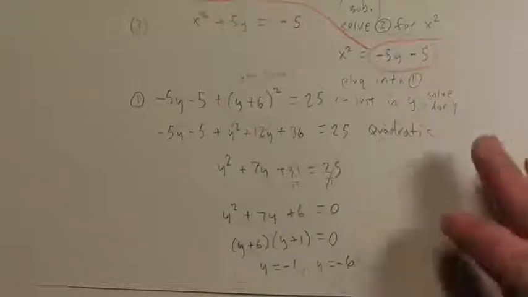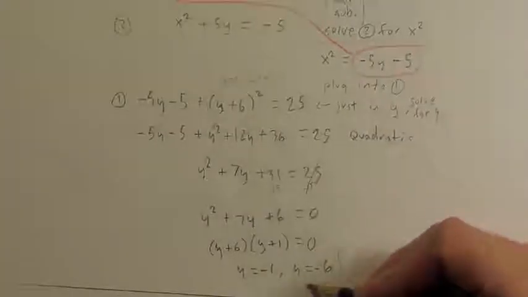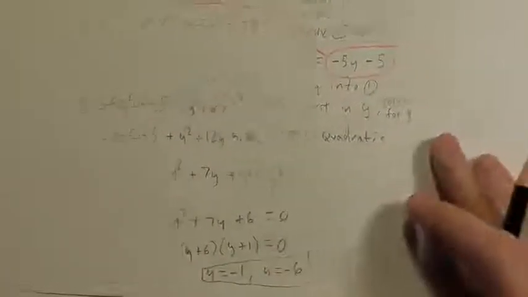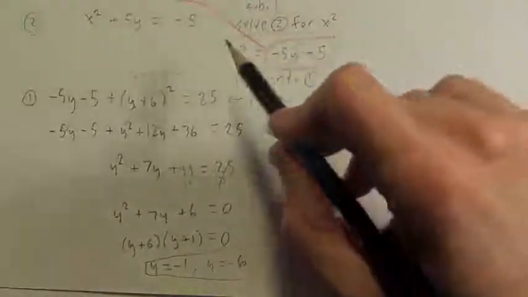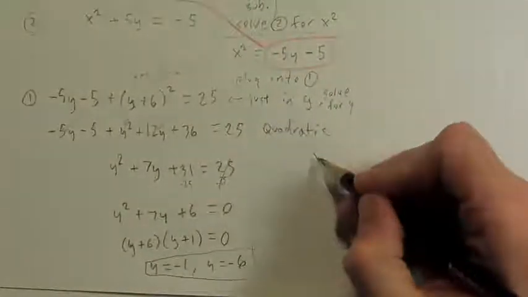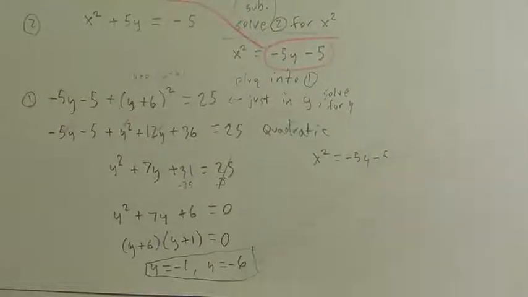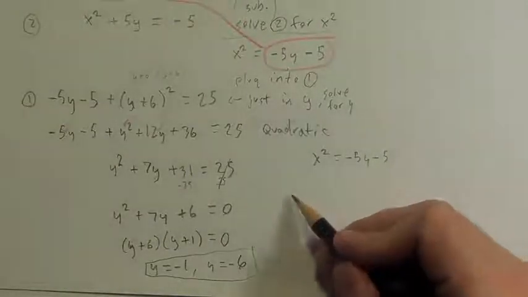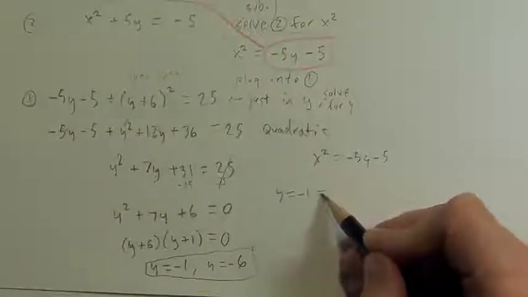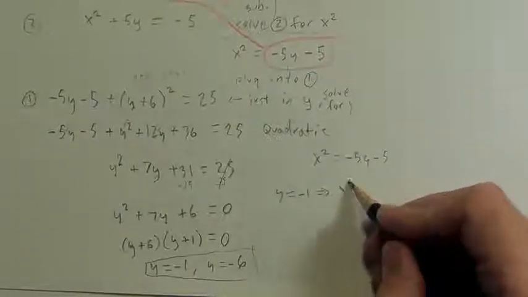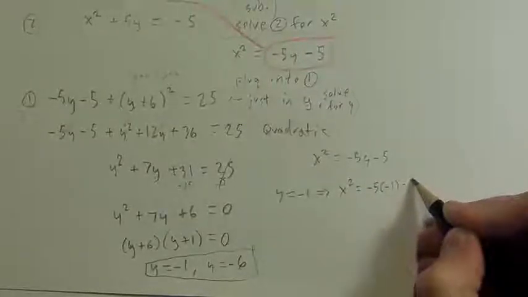Now let's go back, because we found our y's, but we need to find our x's now. And here's where we're going to use our square root thing, right? If x squared is -5y minus 5, when y is equal to -1, we get x squared is equal to -5 times -1 minus 5.